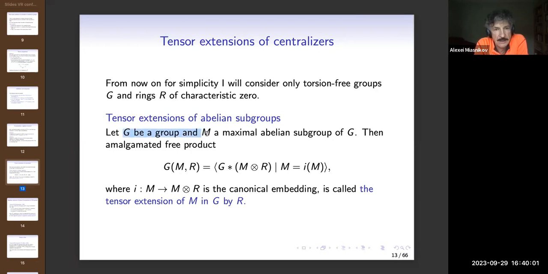If you have a group G and M is a maximal abelian subgroup of G, then you take G, free product with M tensor R, where M tensor R is a tensor product in the category of abelian modules, as usual. And then you amalgamate M in G and M in this tensor product.